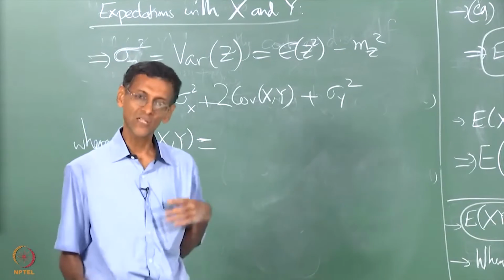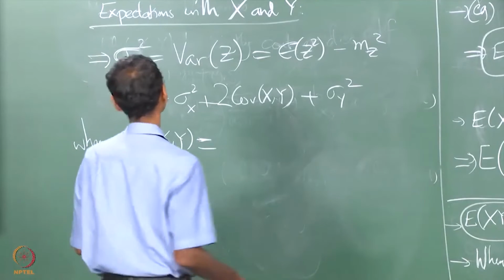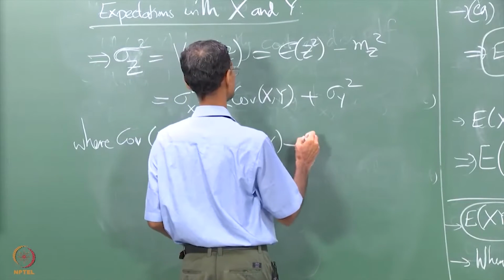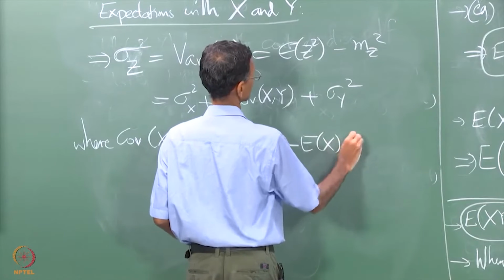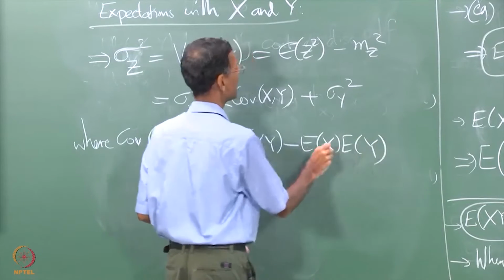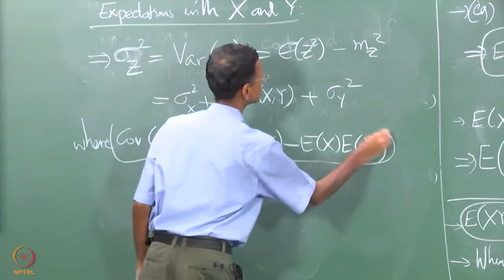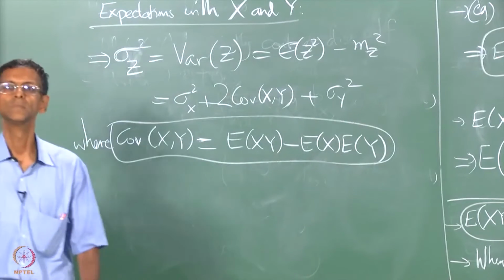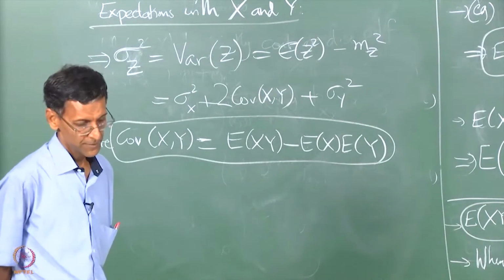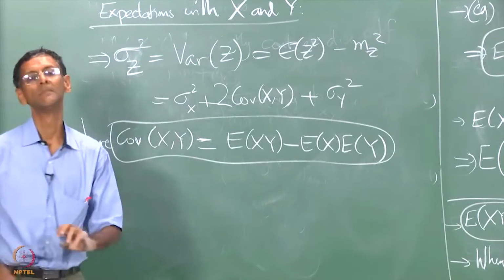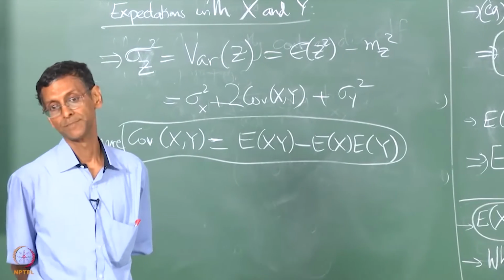It's the expectation of xy minus mx my. So, this is the formula for the variance of the sum.